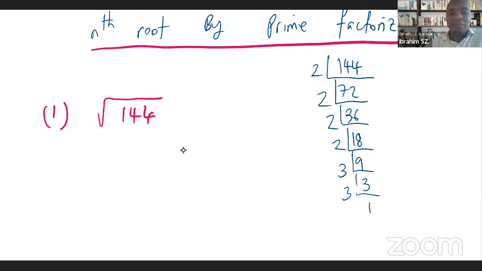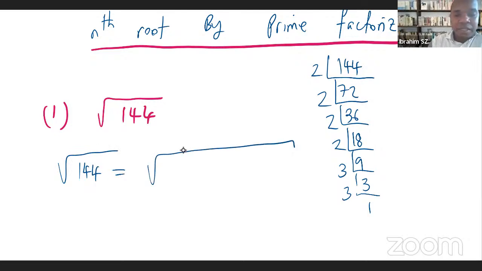Kwa hizi tukasema kwamba square root of 144 ni sawasawa na kuchukua square root ya 2 times 2 times 2 times 2. How many 2's? 1, 2, 3, 4. Times 3 times 3.